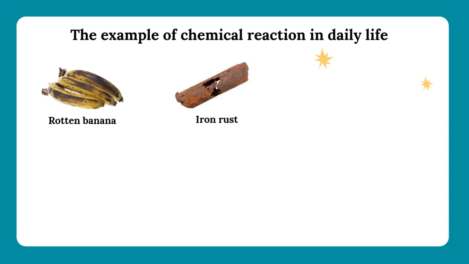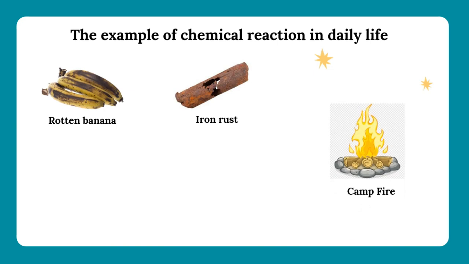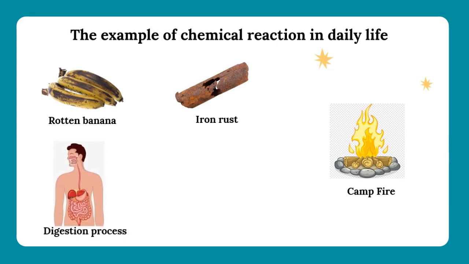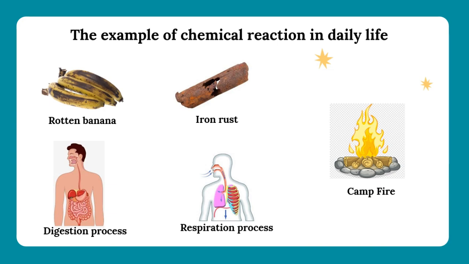And then the campfire: from the wood, it can produce a new substance, which is charcoal, and that is a chemical reaction. And then there are a lot of processes that occur in our body. One of these is the digestion and respiration process. Those two processes are examples of chemical reactions.